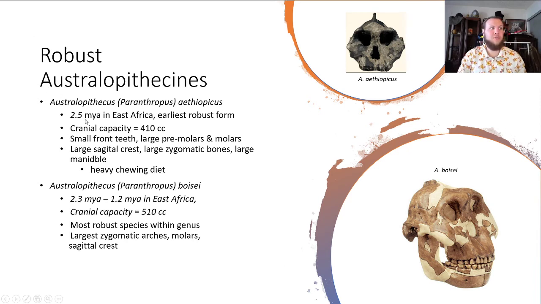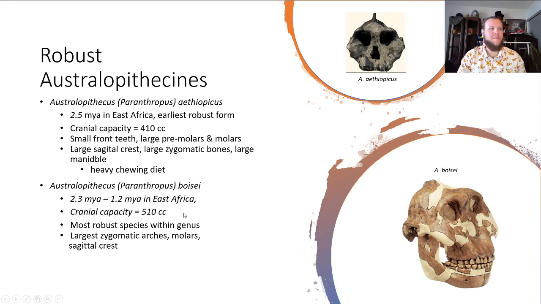Okay, so Aethiopicus was about 2.5 million years ago in East Africa, and it was the earliest robust form. They have larger cranial capacity than gracile, with small front teeth, large premolars and molars, the large sagittal crest, zygomatics, and mandible, right, for the heavy chewing diet.